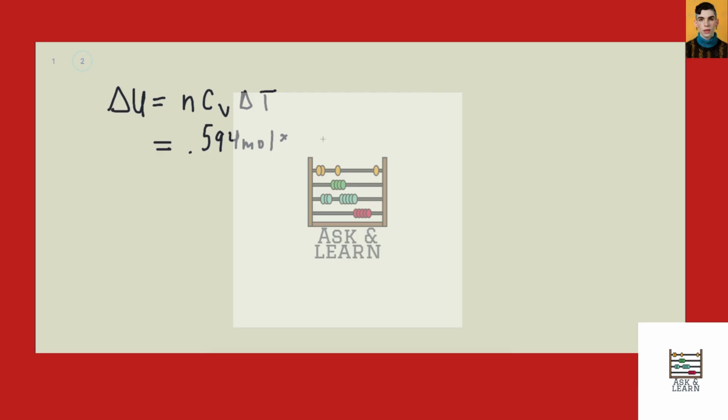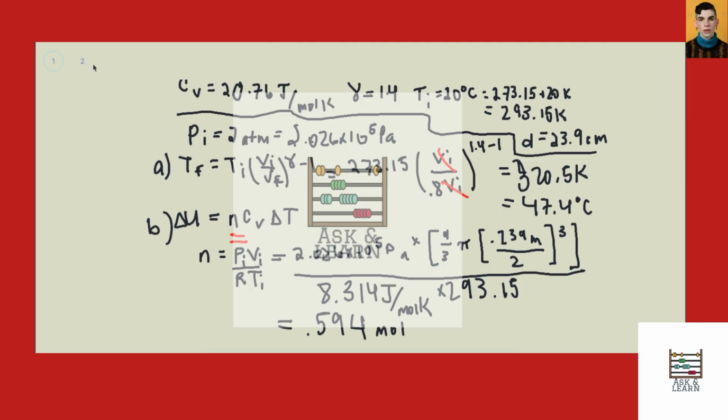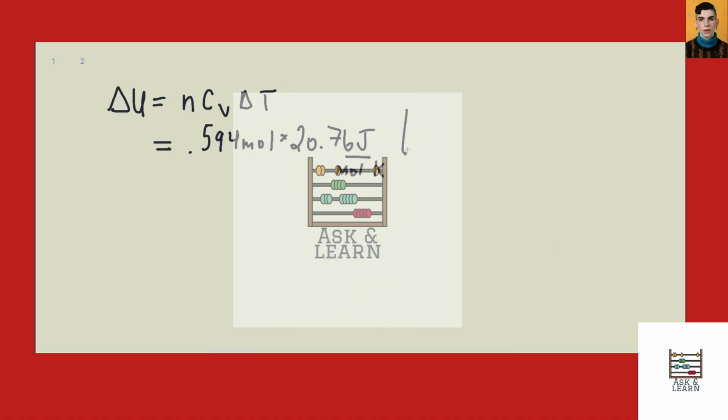So 0.594 moles times 20.76 joules per mole Kelvin. And that's multiplied by the change in temperature, which we know from part A and the given information that it's going to be 320.5 minus 293.15 Kelvins.